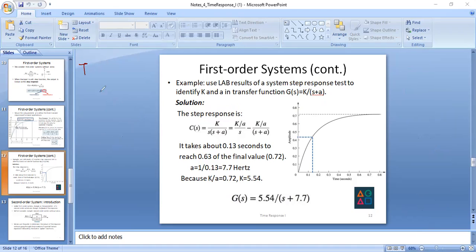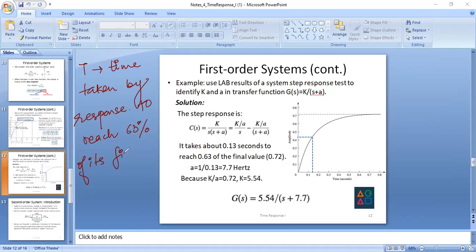What is time constant? Time constant is the time taken by the response to reach 63% of its final value.